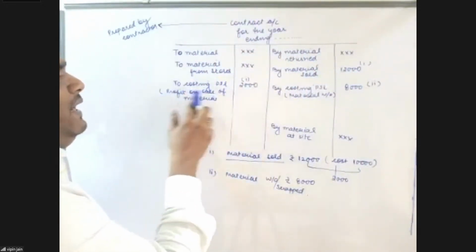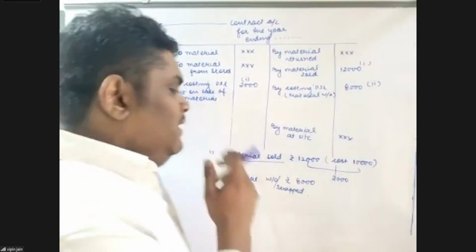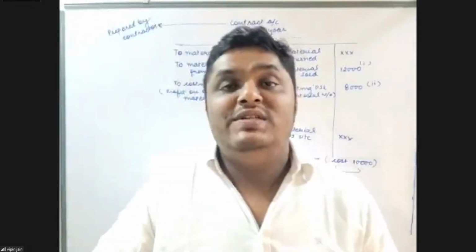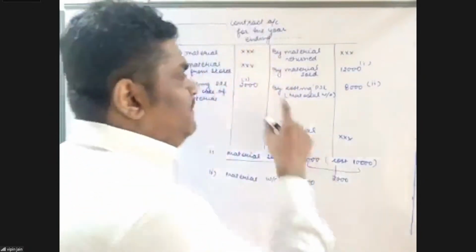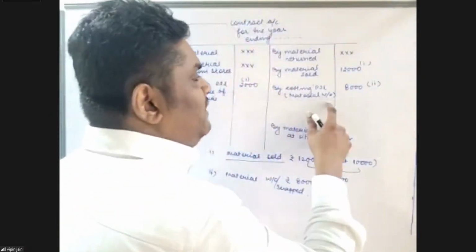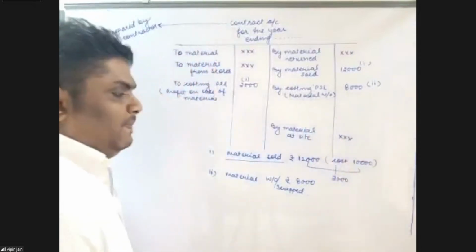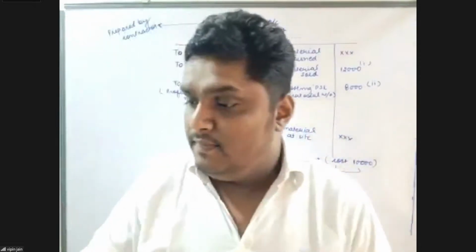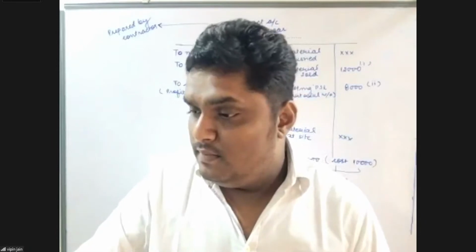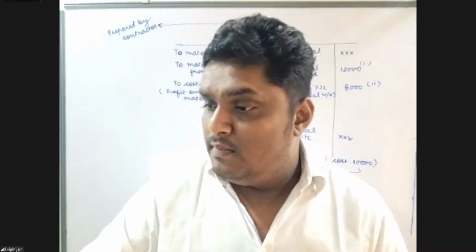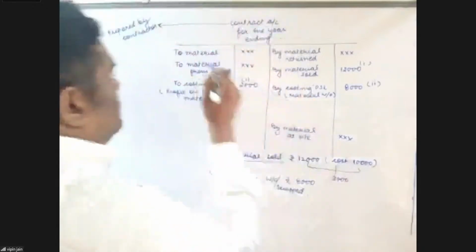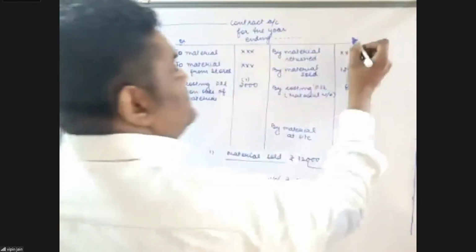So to costing P&L profit on sale of material. Let's say if the material of rupees 8,000 is scrapped or written off and nothing is realized, then very simple, by costing P&L material written off or scrapped. This is the debit side. This is the credit side.